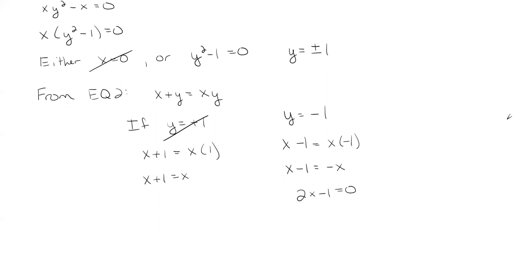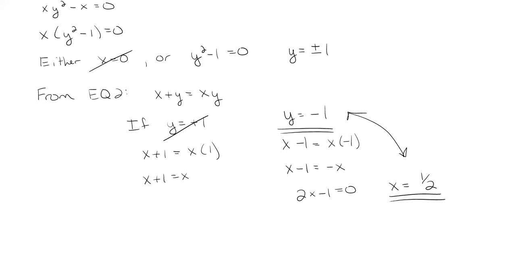We actually have some chances here. If we solve for x, it pops out to be 1/2. So x will be equal to 1/2 when y is equal to minus 1. Possible solution, right? Okay, so let's double check this.